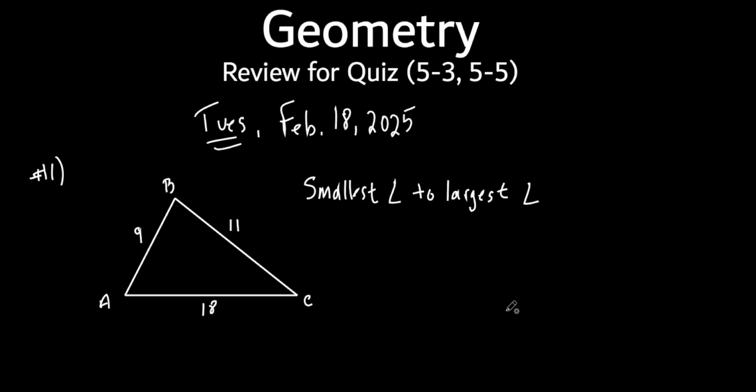I don't put blanks or anything on here, but you're going to go from the smallest to the biggest. So which one is the smallest angle here? The smallest angle is C. Why? Because it's across from the 9. That's right, 9 is the smallest side and C is across from it, but we don't say across from, we say opposite.